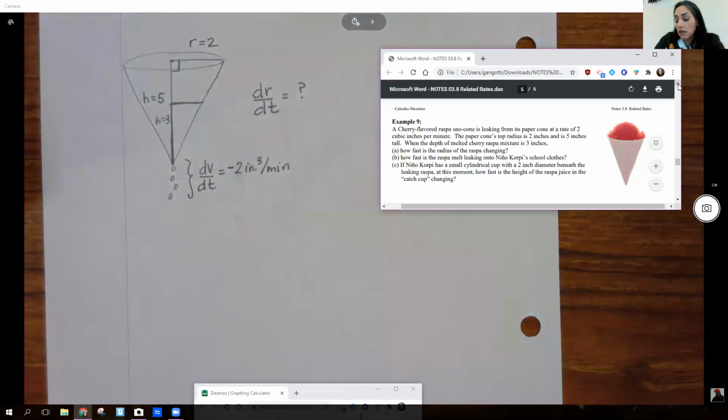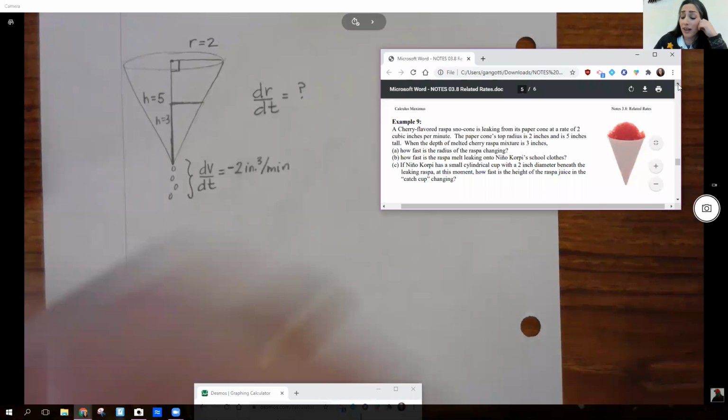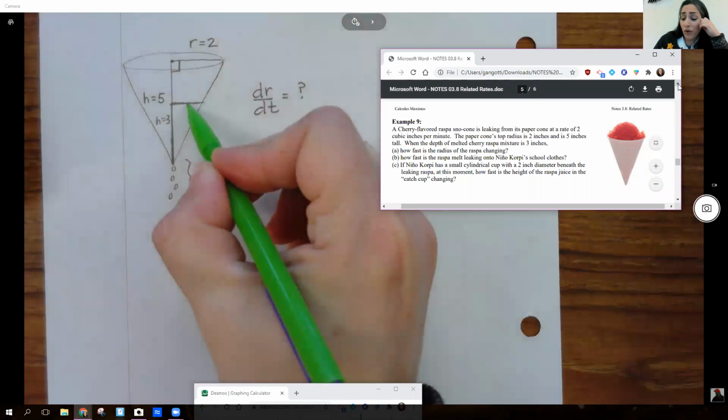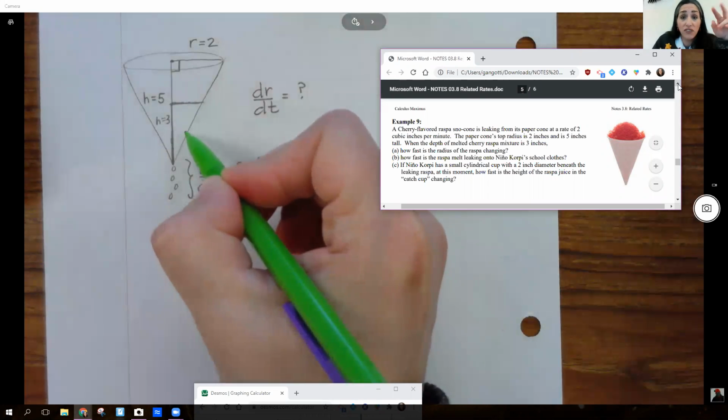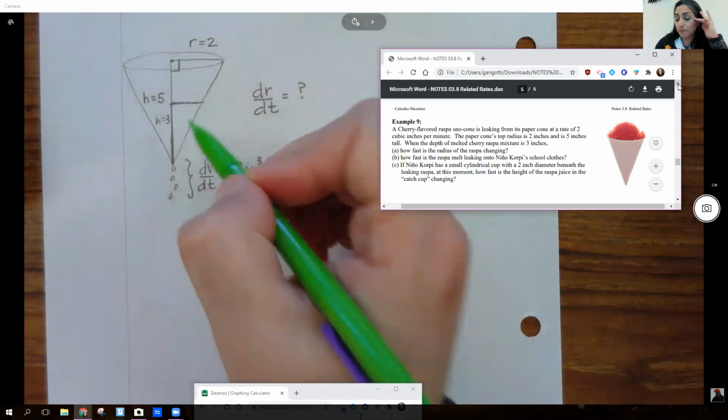But when you take the derivative of the Pythagorean theorem, you're gonna end up having a derivative of the hypotenuse that we don't know. We wouldn't know this side or this side's rate of change. So we don't want to do Pythagorean theorem for this.